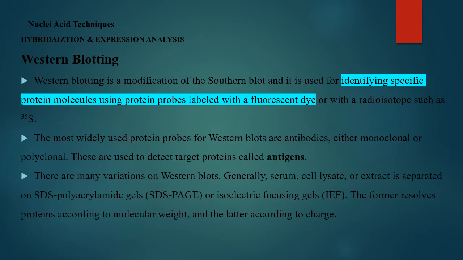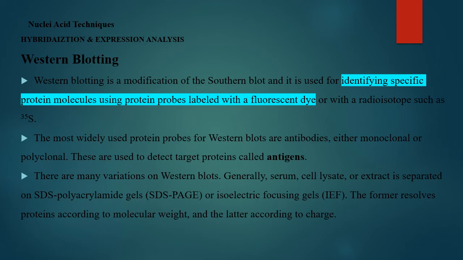Then we come to Western blotting. Western blotting is a modification of the Southern blotting, and it is used for identifying specific protein molecules. So we move from DNA to RNA, now we are talking about protein.